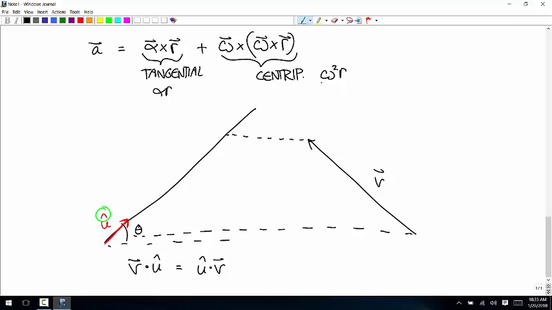That's not the best picture probably, but that's sort of what it does. If you take a dot product of any vector with any unit vector, it will give you the projection of that vector onto the direction of the unit vector.